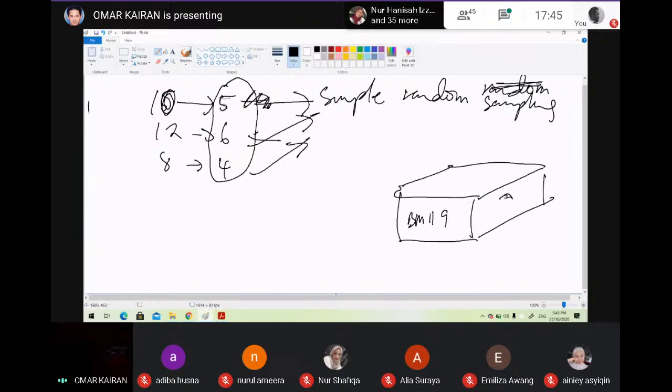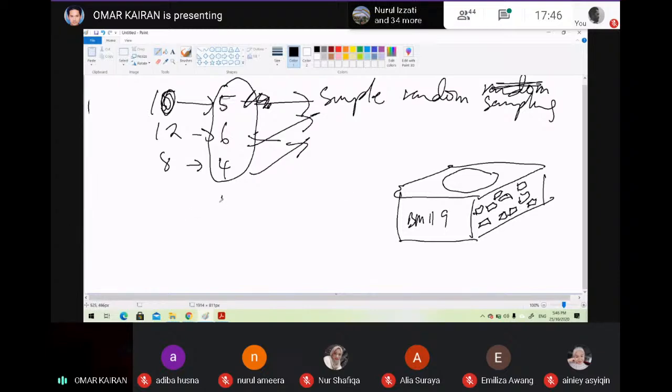Ada 10 numbers to be chosen. 1, 2, 3, 4, 5, 6, 7, 8, 9, 10.